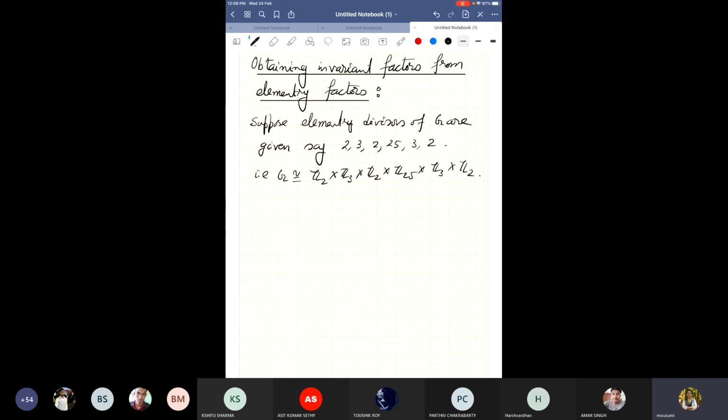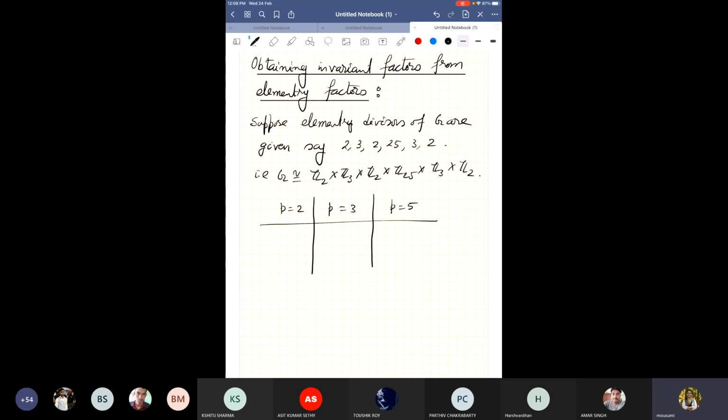There are three primes: one is 2, another one is 3, another one is 5. So I will list down the primes first: p equal to 2, p equal to 3, and p equal to 5. So you have these three primes, okay?